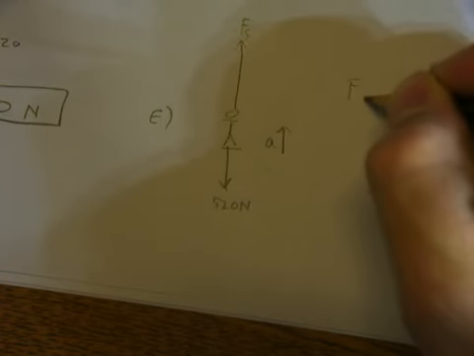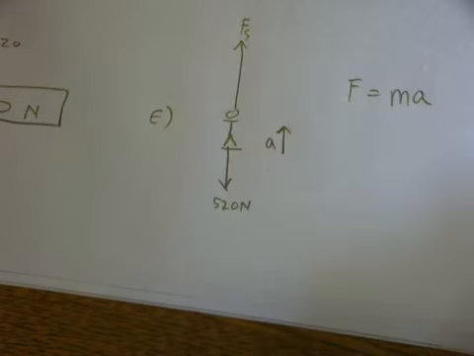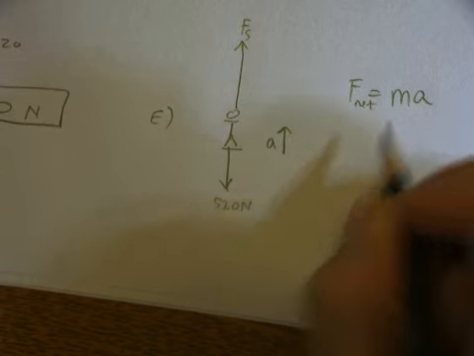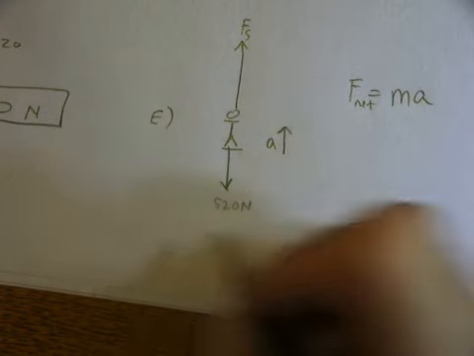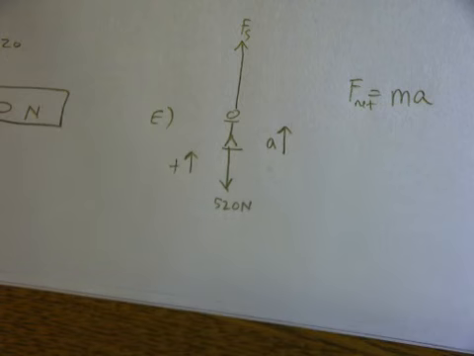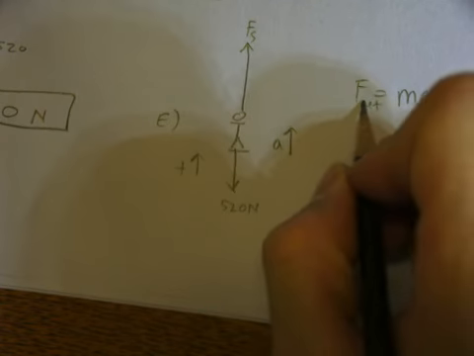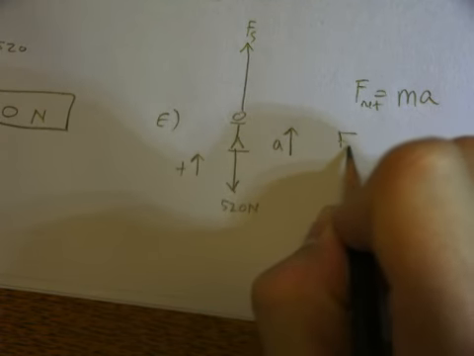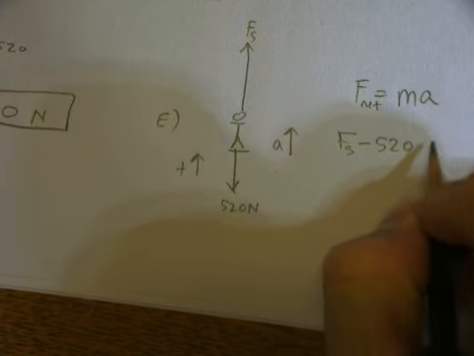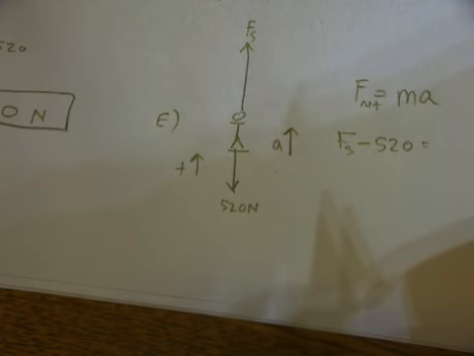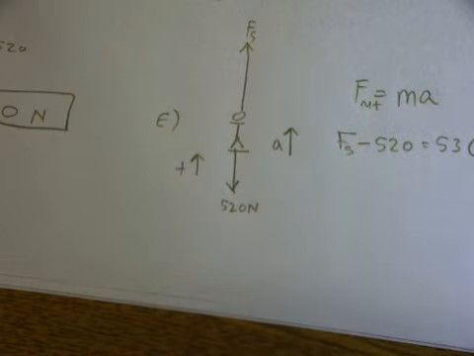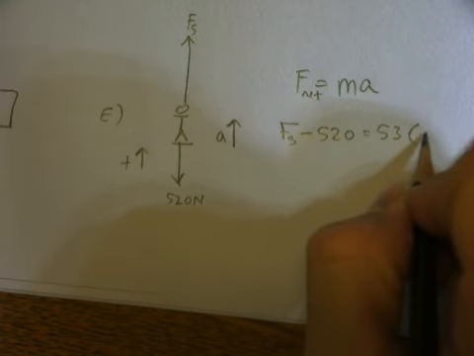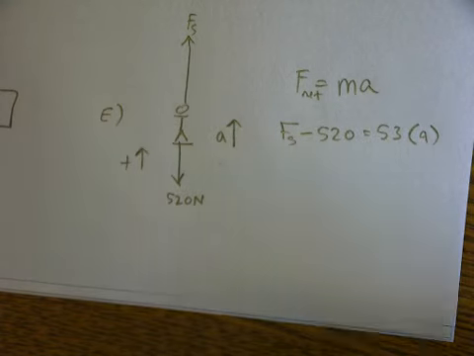So if I use F equals ma with the net force, let's say positive is up in this case. My net force is going to be F of S minus 520. My mass again is 53, and they don't give you the acceleration, so your acceleration is just a.